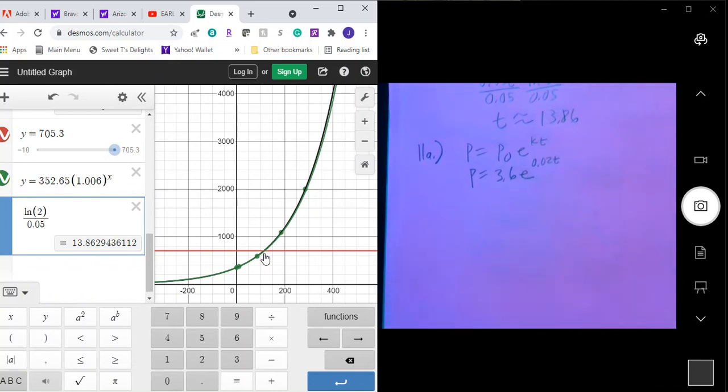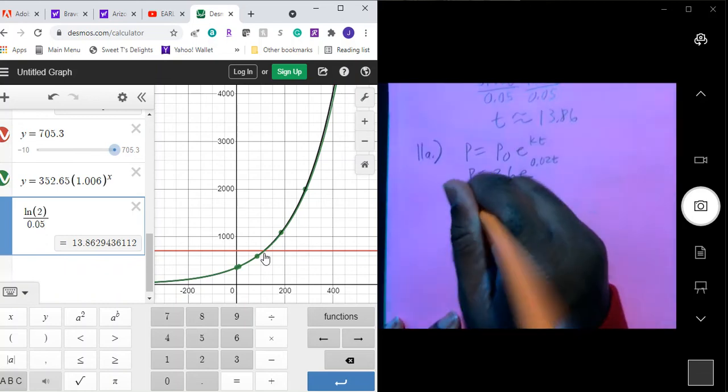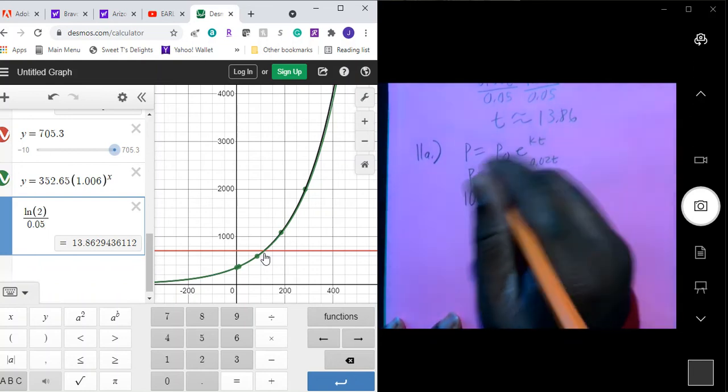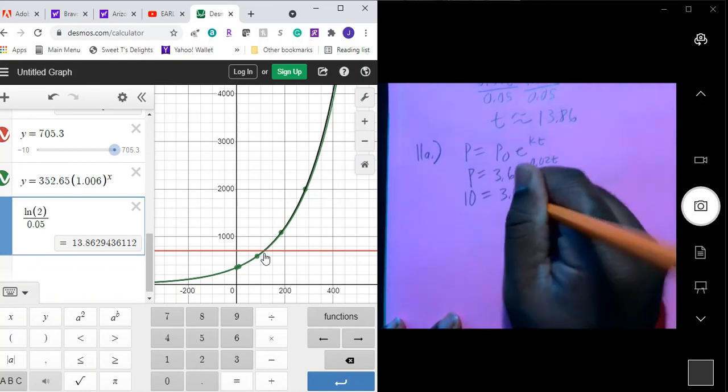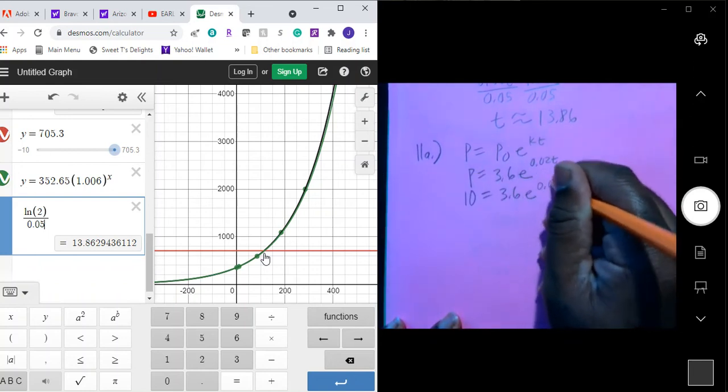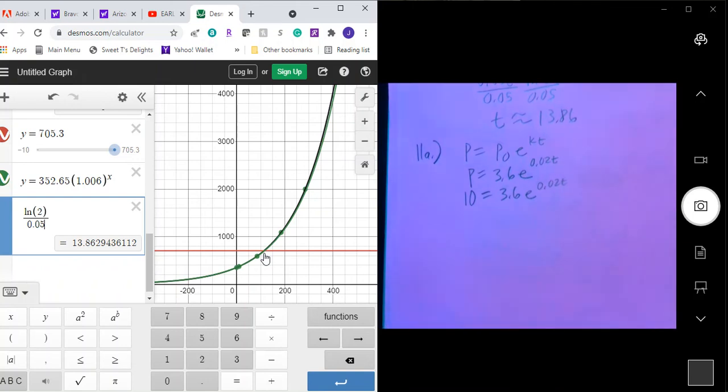So now we have this formula. P is equal to 3.6 times e to the 0.02t. Now we're going to substitute because remember, P stands for the population in billions, and we said Earth's carrying capacity is 10 billion. So that would be 10 is equal to 3.6 e to the 0.02t power.